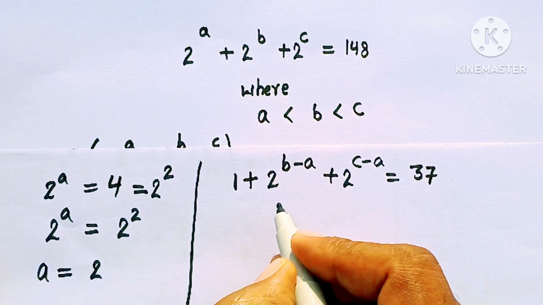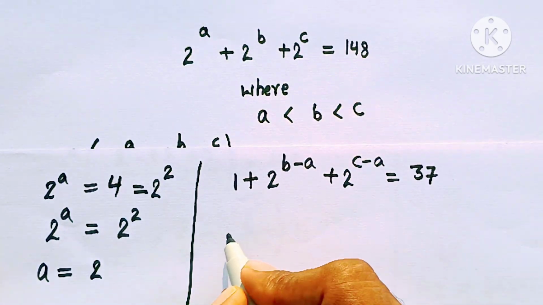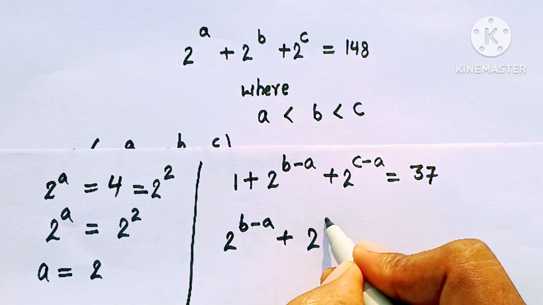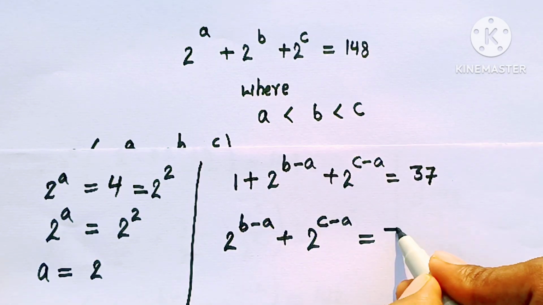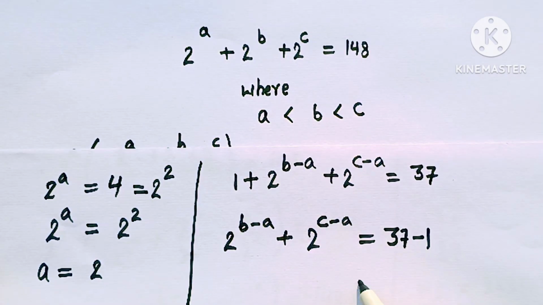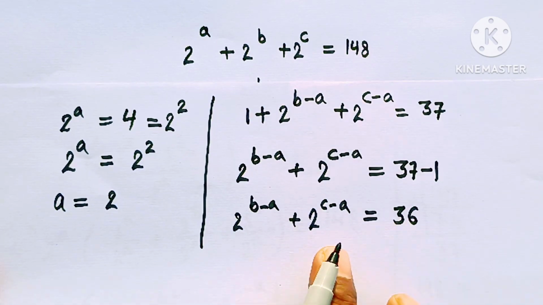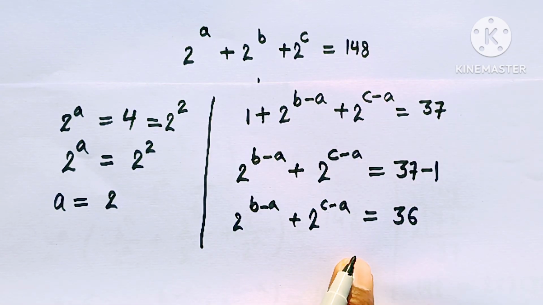So I can write 2 to the power b minus a plus 2 to the power c minus a is equal to 37 minus 1, and here we have 36. Then we have 2 to the power b minus a plus 2 to the power c minus a equal to 36. Now we are going to solve the problem from here once again.